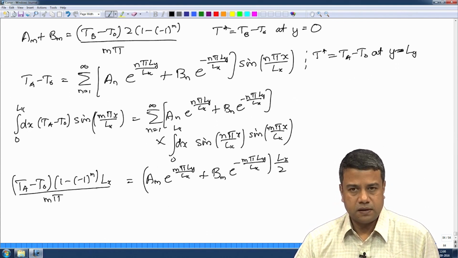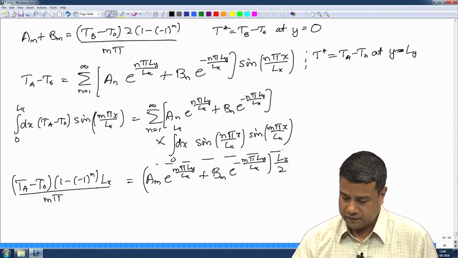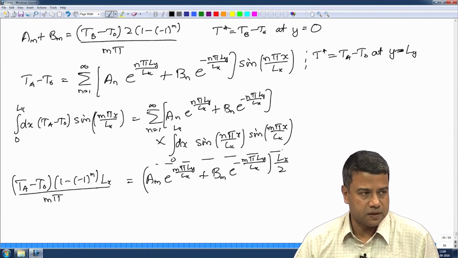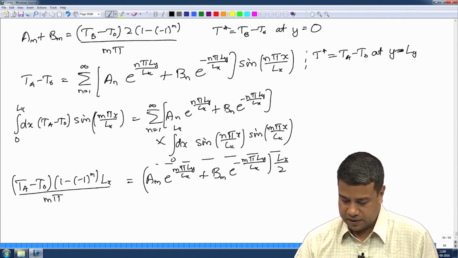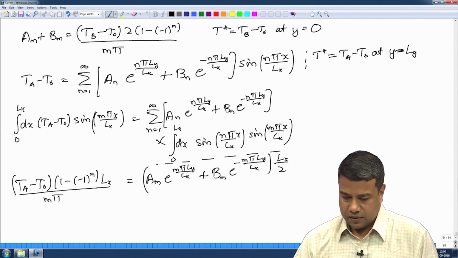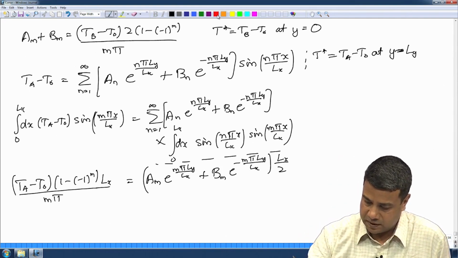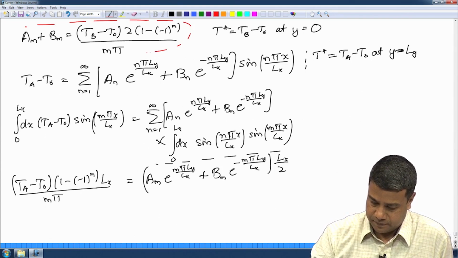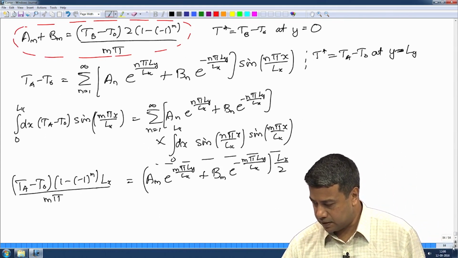So, that is the equation that I get from the orthogonality relations by using the fact that this is non-zero only when n is equal to m. And with that I will get two simultaneous equations. The first one is this one. So, if I write it once again.